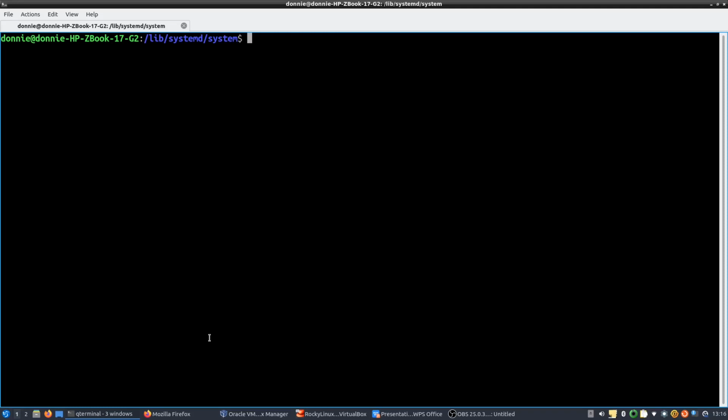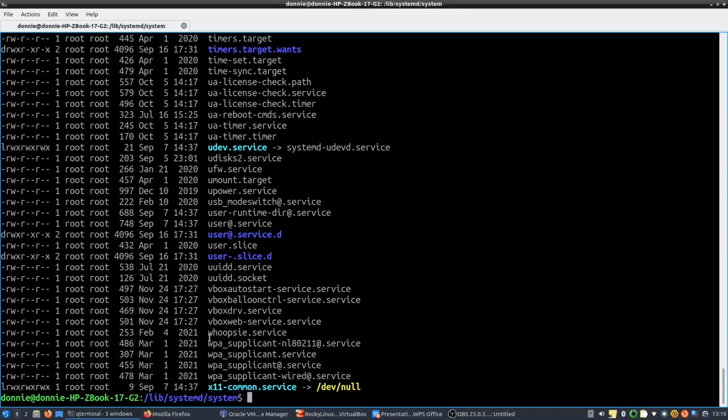systemd actually does the mounting of file systems on a machine with systemd, and it does that with mount units. You can see here I am in the lib systemd system directory on this machine, and we can take a look at our different units. This is the way that systemd works.